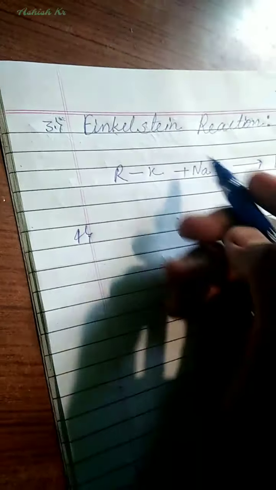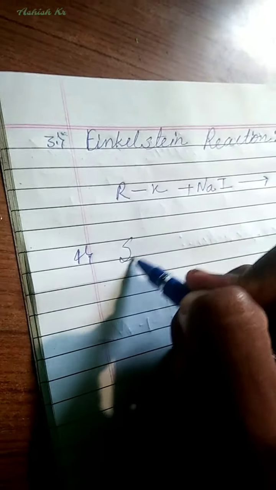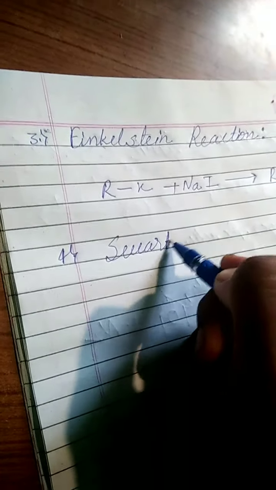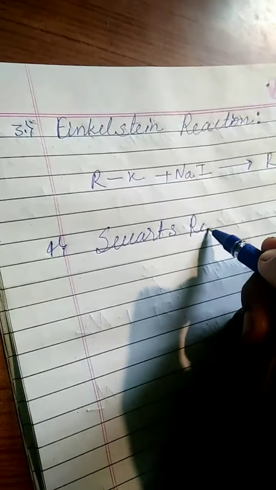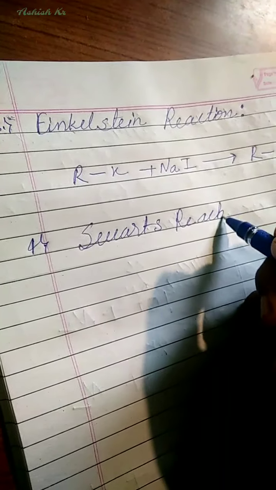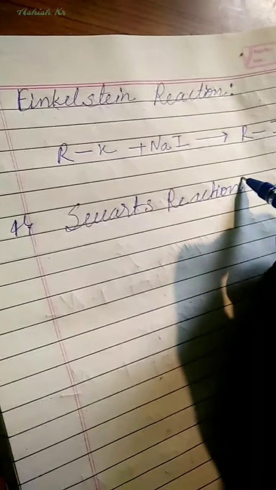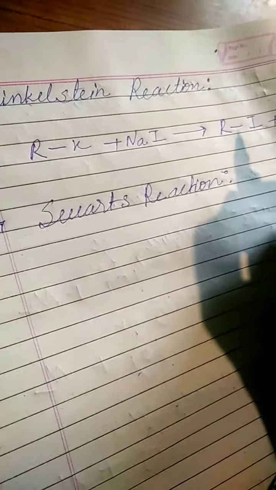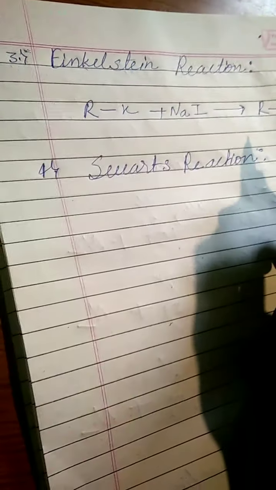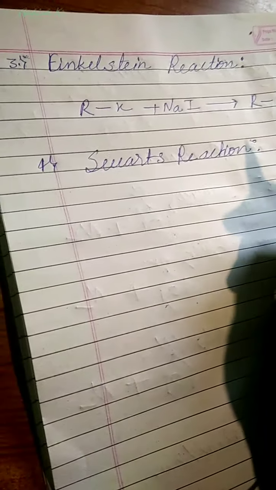Our fourth reaction is Swarts reaction. In this reaction it is used to make fluoroalkane. Firstly we take any haloalkane like CH3X.